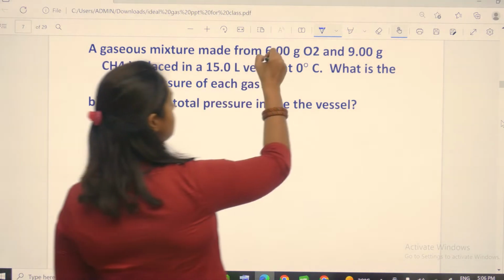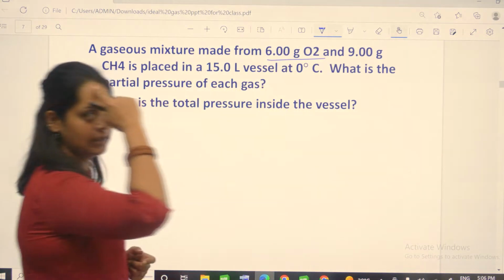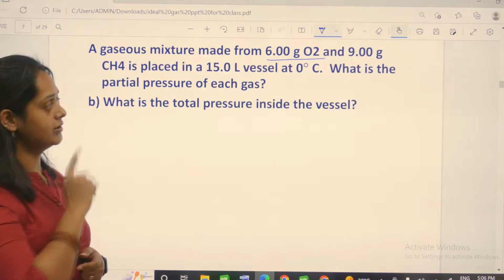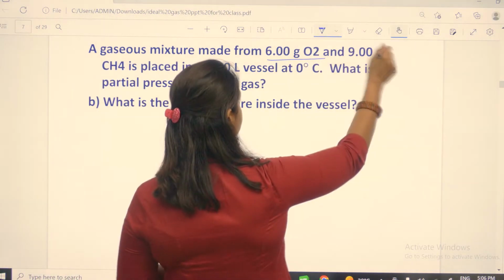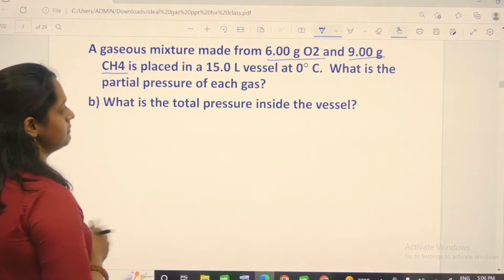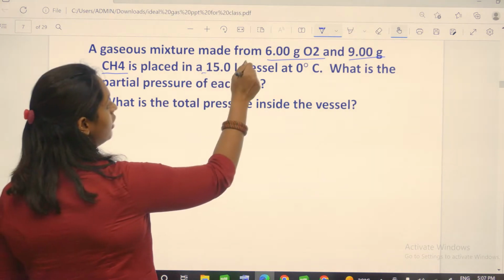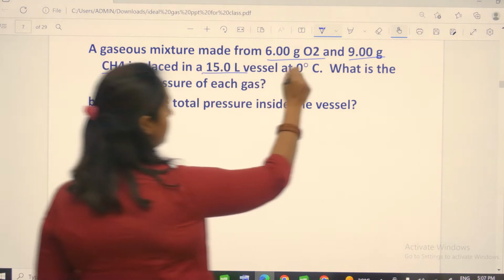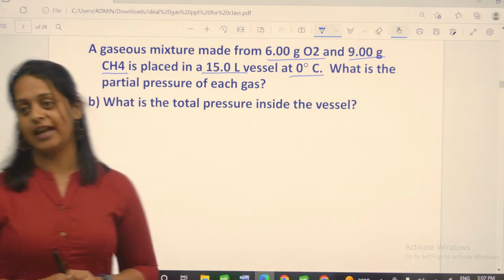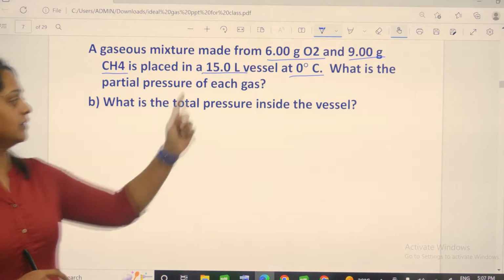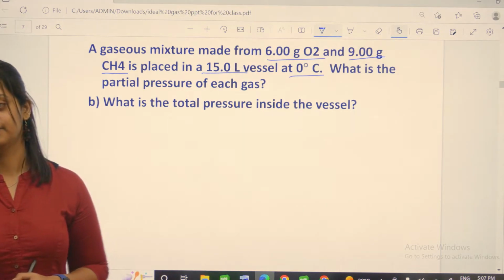It's given 6 gram of O2, that means the oxygen mass is given. Similarly, 9 grams of methane, the mass of methane is also given, and the volume of the container and the temperature are also given. What is the partial pressure of each gas, and what is the total pressure inside the vessel?